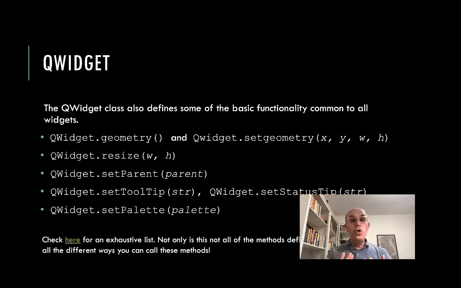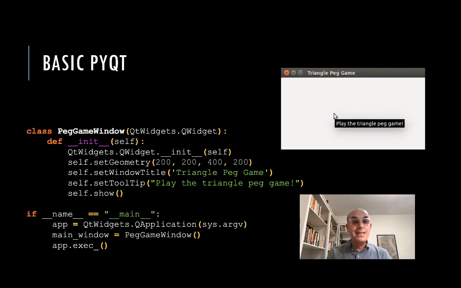QWidget is a class that also defines basic functionality common to all widgets, and in this case it will be the idea of what I was talking about: resize, set parent, set tooltips, set palette. All those elements are part of the settings and include an extensive list that can allow you to develop or think about in that case.